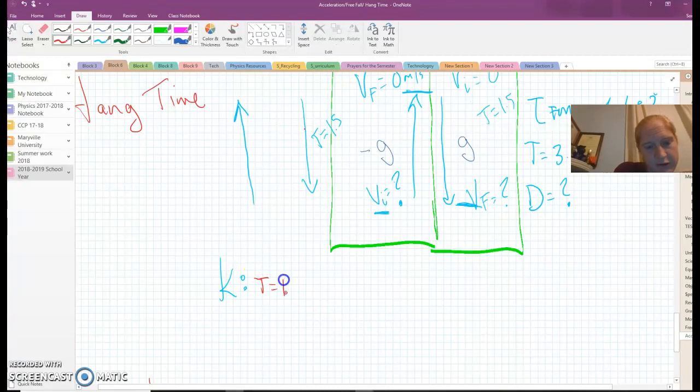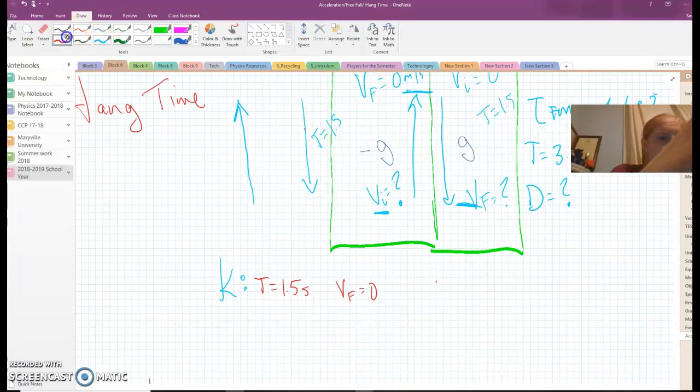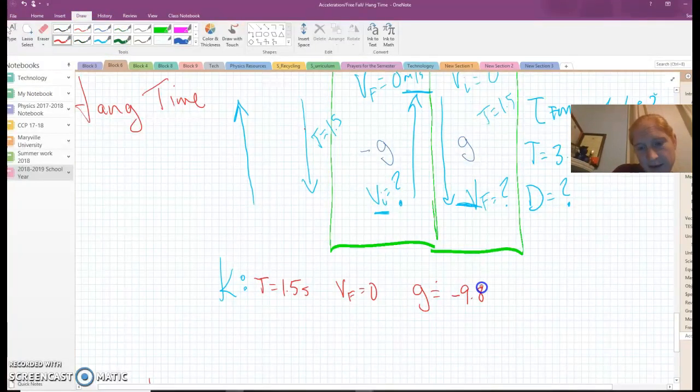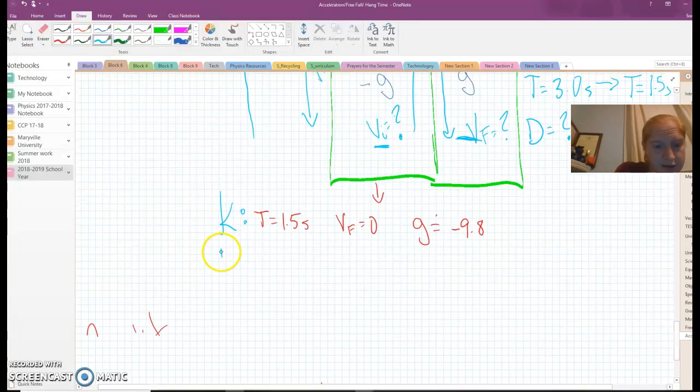Time is 1.5 seconds. VF equals 0. VI equals, oh, nope, that doesn't go in a known. I don't know VI. And I know G. G equals negative 9.8. Why? Because I'm only looking at this side to solve for my height. I'm trying to figure out distance. Okay, so N, need to know: distance.